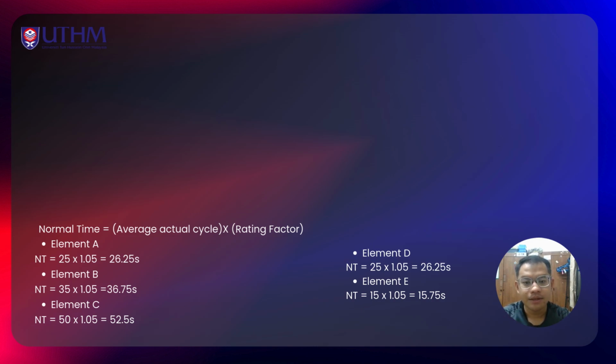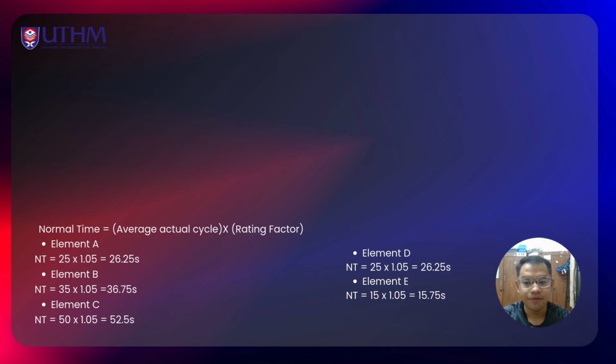And then there are different average processing times, which is element A is 25 seconds, B is 35 seconds, C is 50 seconds, D is 25 seconds, and E is 15 seconds.